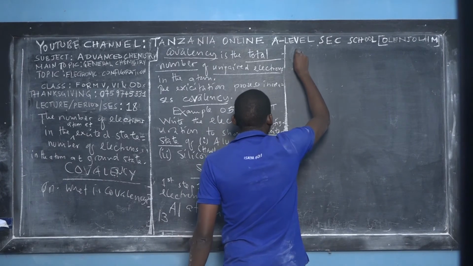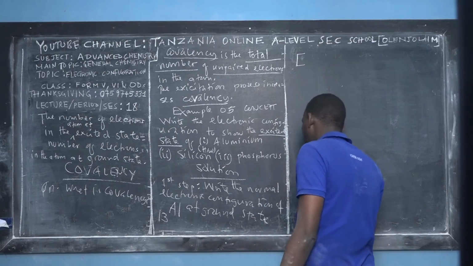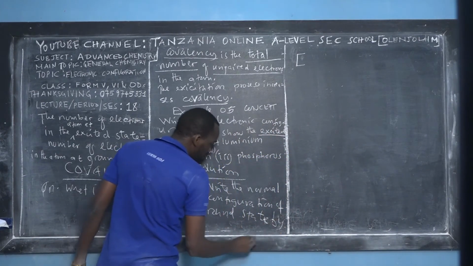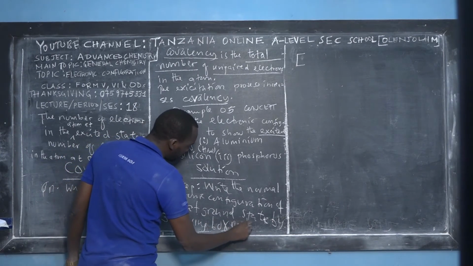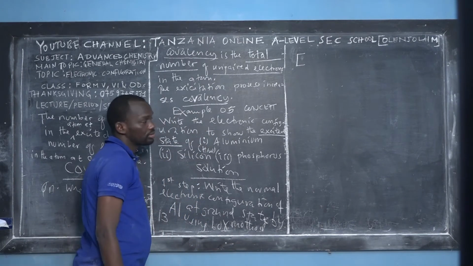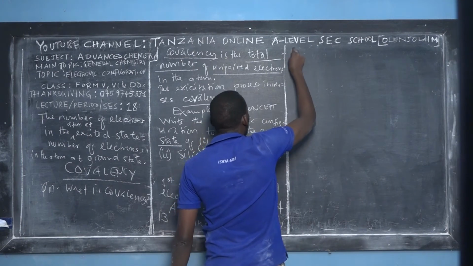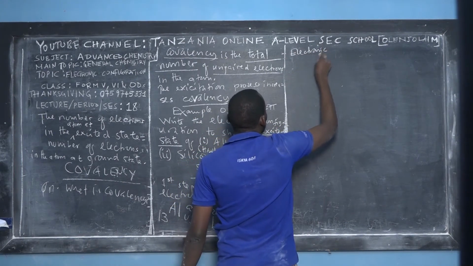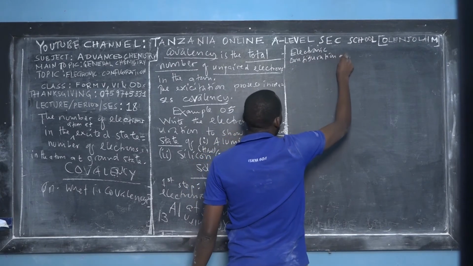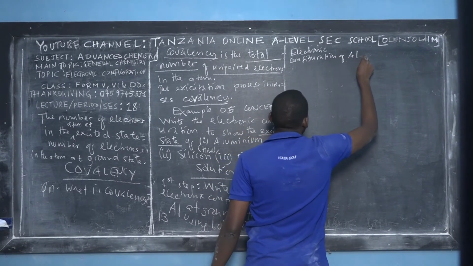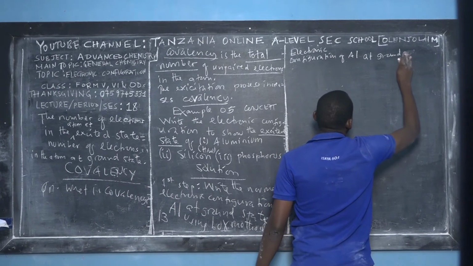We are allowed to use the noble gases. So we write by using box method, because with box method we can show the difference. So you say that this is the electronic configuration of aluminium at ground state.